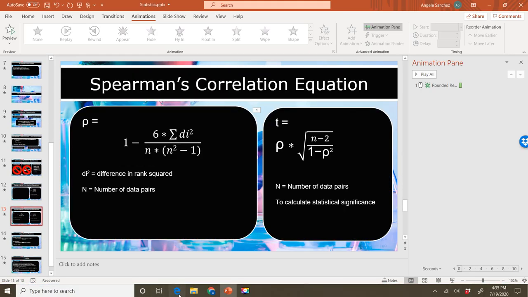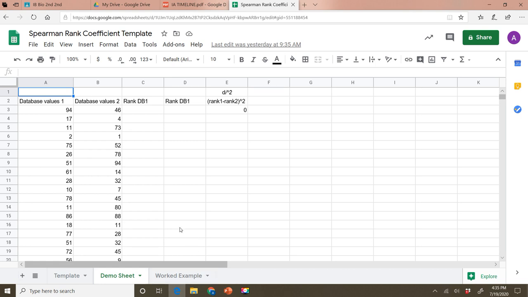Okay, so over on Google Docs, I have a template for you. You will have collected 50 different values from database 1. Maybe this is your poverty index, maybe this is your flu incidence rate, and then you will put your values for database 2 in the next column. Maybe this would be the temperature in the area.